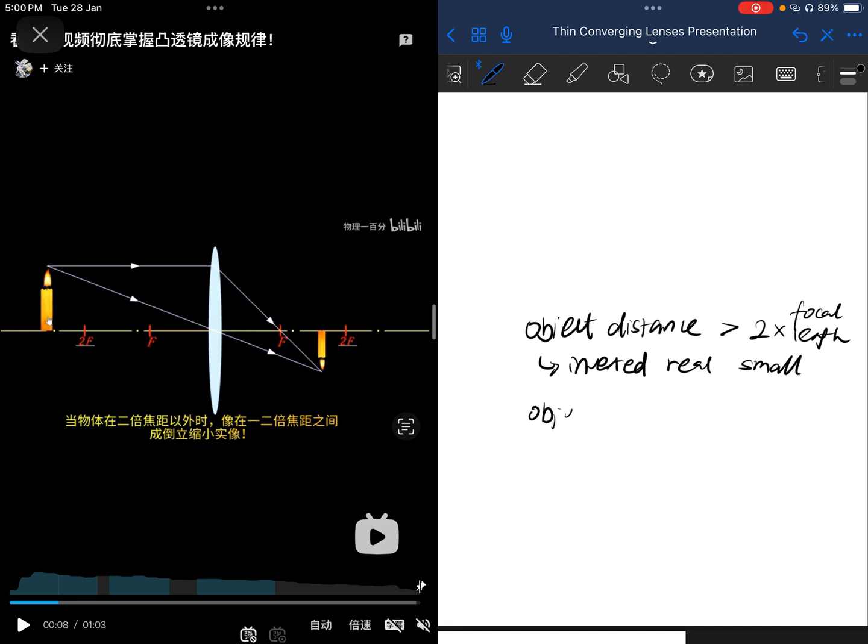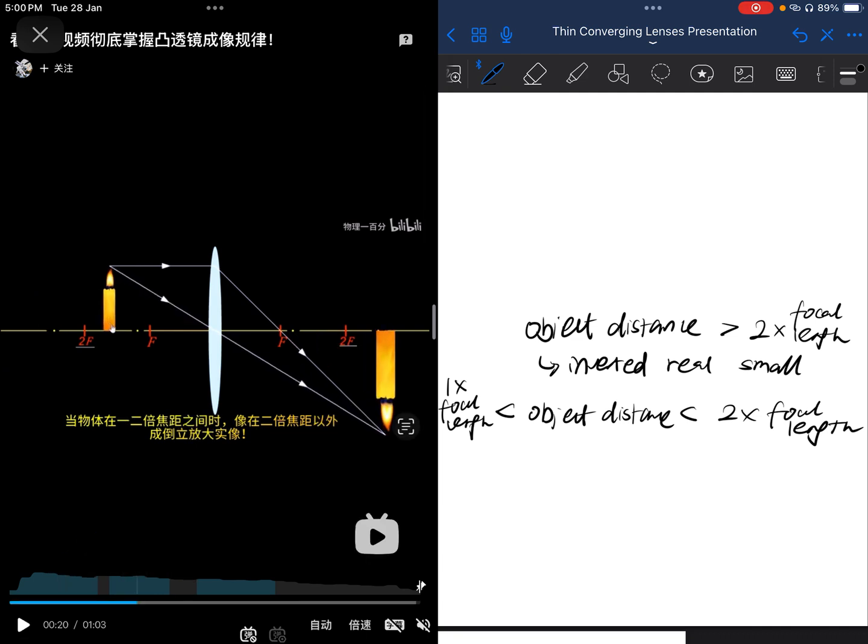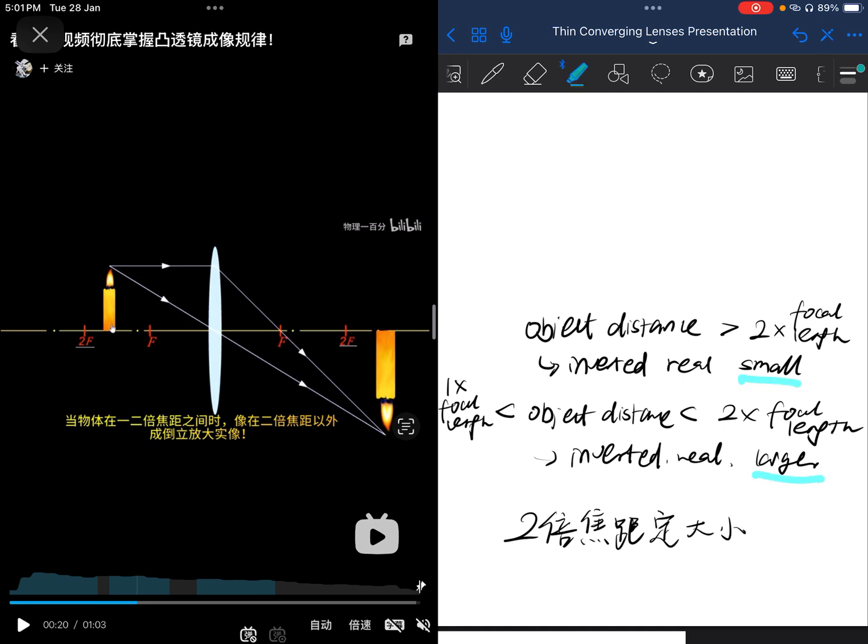Now when the object distance is greater than 1 times the focal length but smaller than 2 times the focal length, let's observe. You are able to see that it's still inverted. It's real, but it is larger. So in Chinese, we call it 二倍焦距定大小 because the only difference is whether it's smaller or larger.